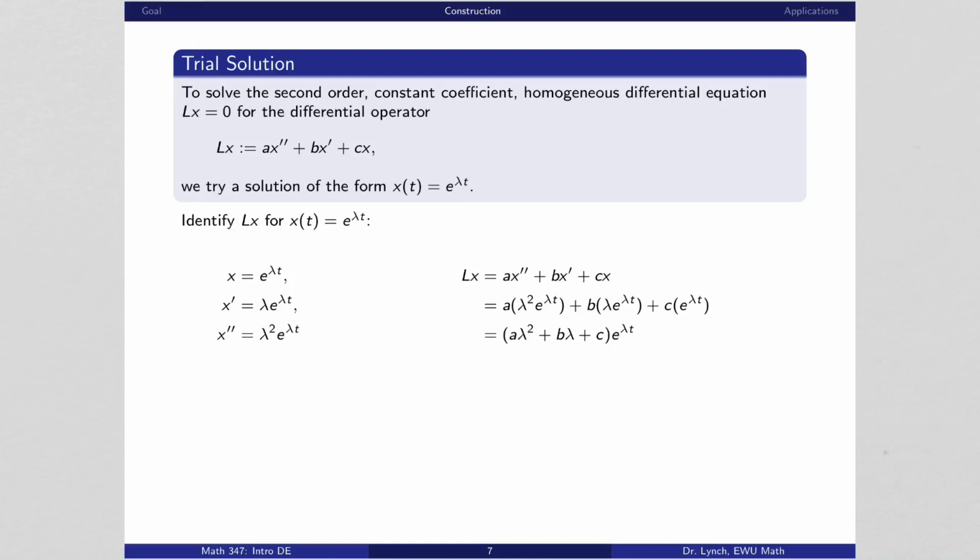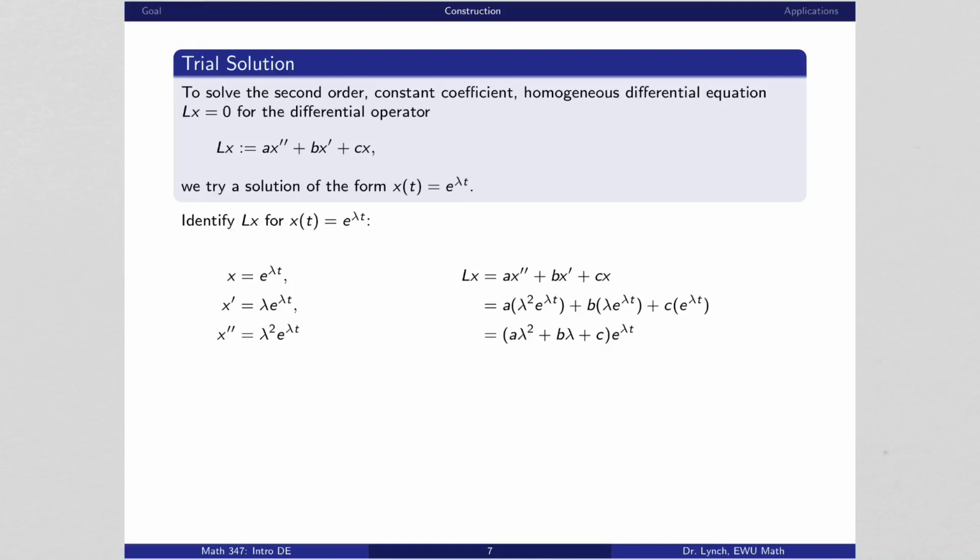So Lx, again, is a times x double prime plus b times x prime plus c times x, which we can substitute those expressions for x prime and x double prime, factor and rewrite it as Lx equals a polynomial in lambda, all times e to the lambda t.